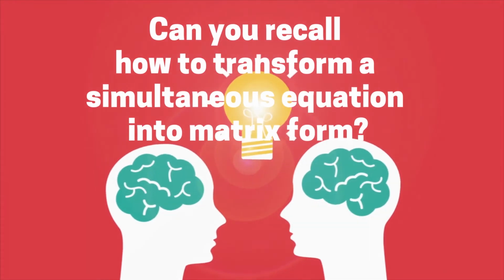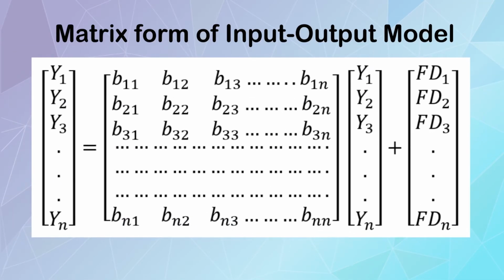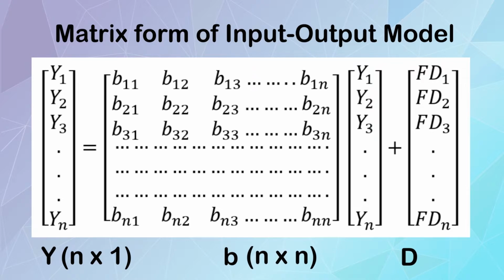Now let us name the matrices Y, B and D. Y is a column vector of outputs of order n by 1. B is a matrix of order n by n and is known as the coefficient matrix. D is a column vector of final demands of order n by 1.